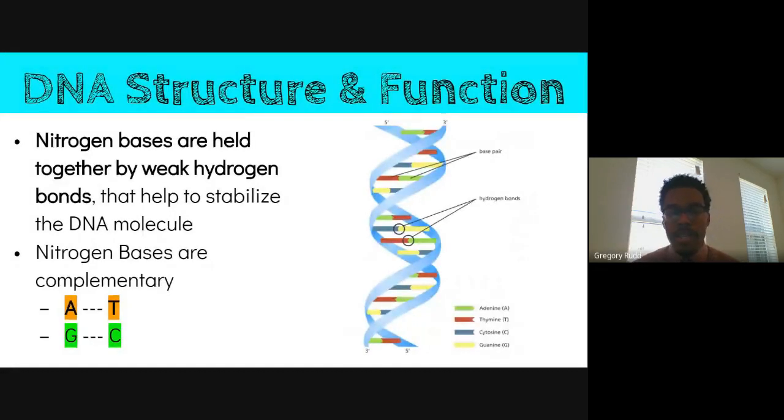But nitrogen bases in the middle are held together by weak hydrogen bonds. So these bonds could be relatively easily broken, and they do get broken often when the DNA is replicated. So it's important that they are not strong bonds because we need to be able to separate these bonds for the purposes of replication pretty frequently.